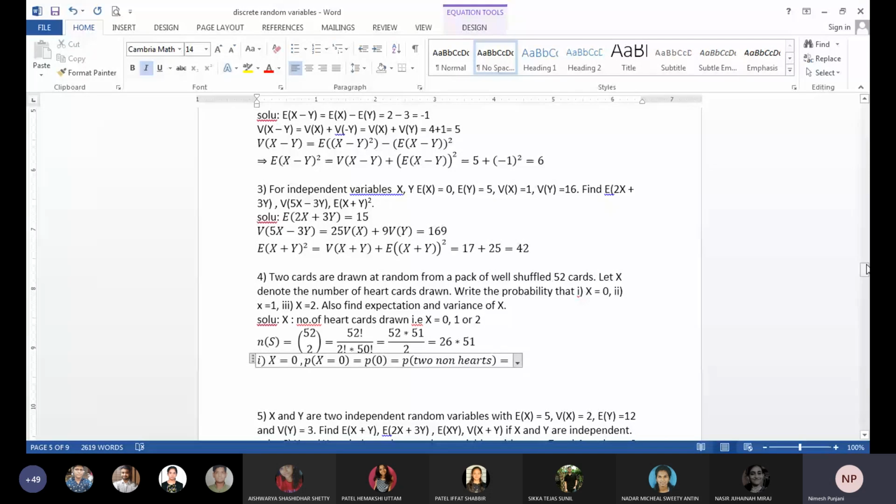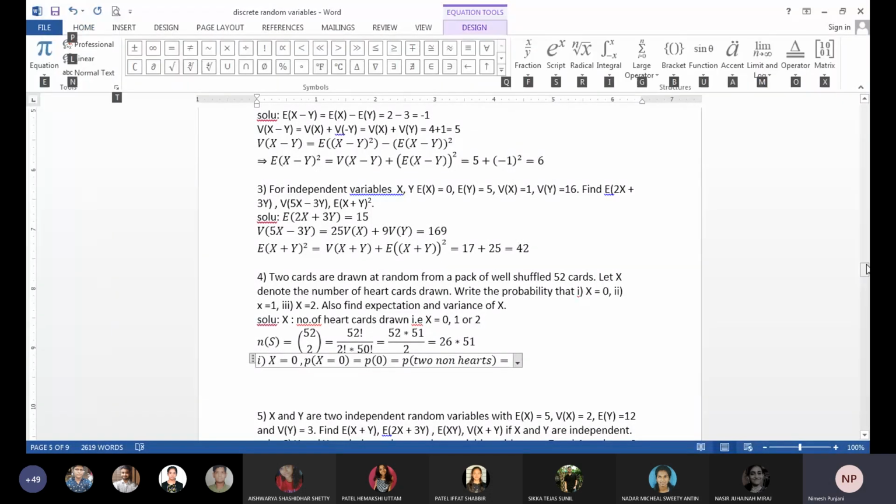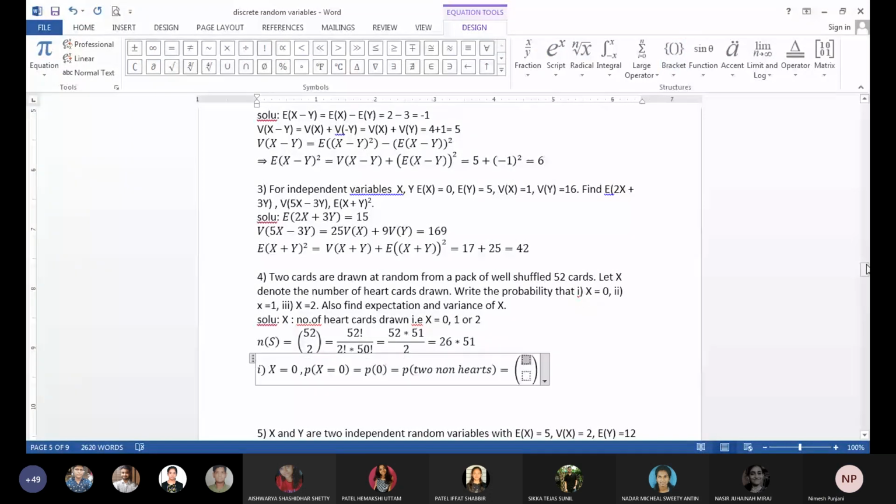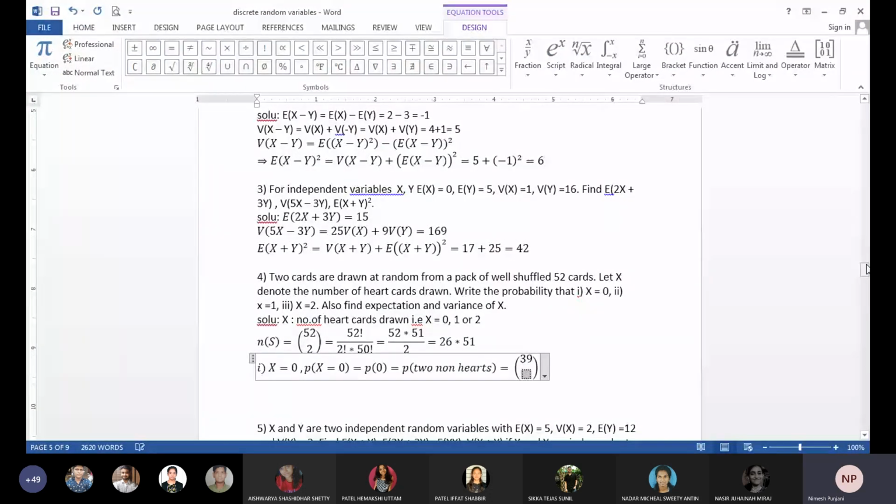So 2 cards are selected from those 39, and that can be done in 39C2 ways. But here we are finding the probability.